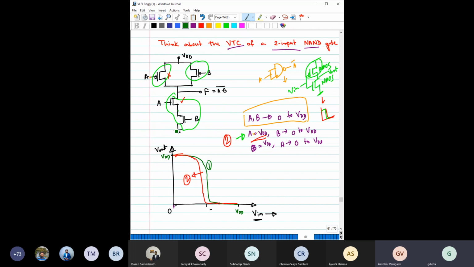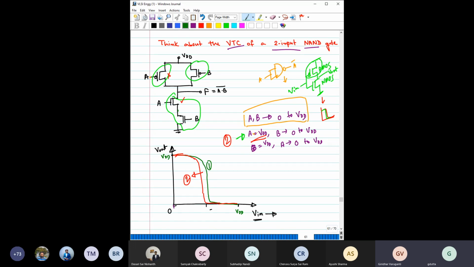And here this body is connected with the ground, so body potential is zero, but here you do have some body potential, right? And that will make the threshold voltage slightly different compared to this. As a result, the VTC will also be different between 2 and 3.